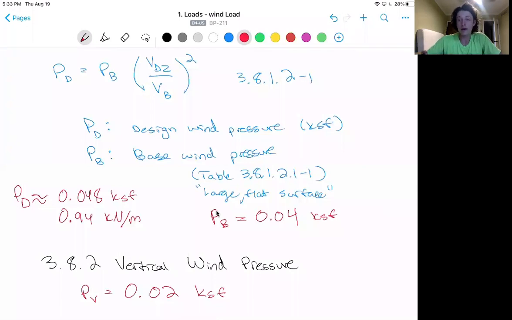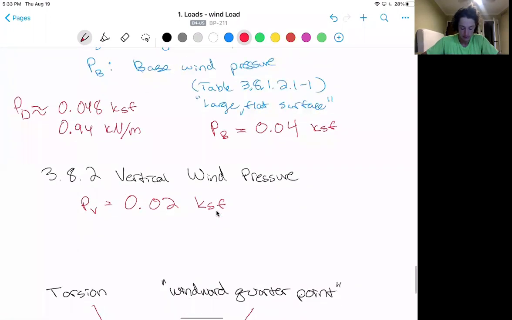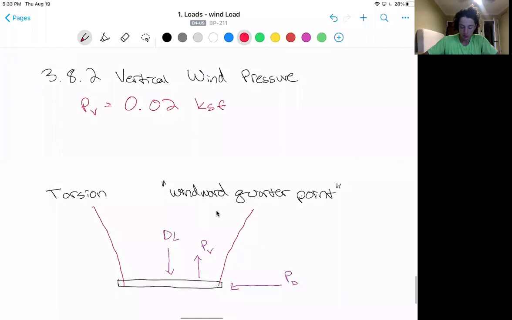In addition to our horizontal wind pressure, we also can use the LRFD document to find a vertical wind pressure, which is just specified as 0.02 KSF in section 3.8.2. And this is important because it creates a torsion, because it is mentioned in the code that this load applies, this line load.